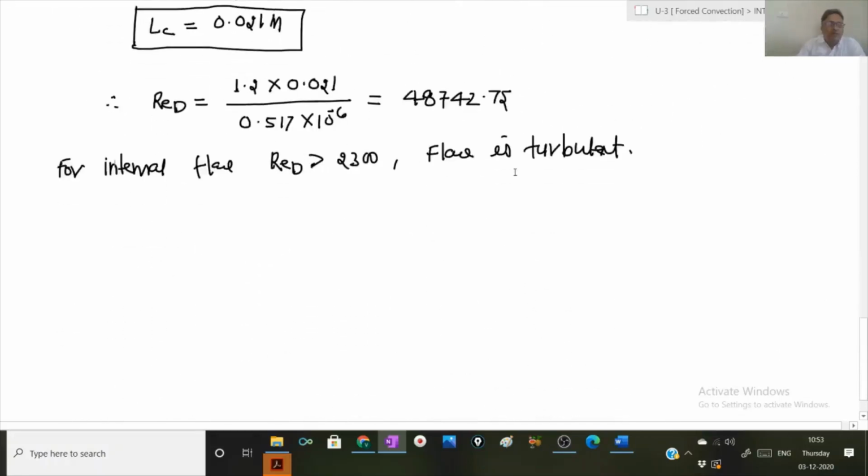Now after deciding the nature of flow, which happens to be turbulent, let us calculate the Nusselt number and average heat transfer coefficient.